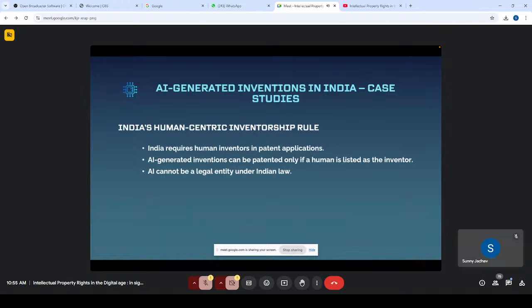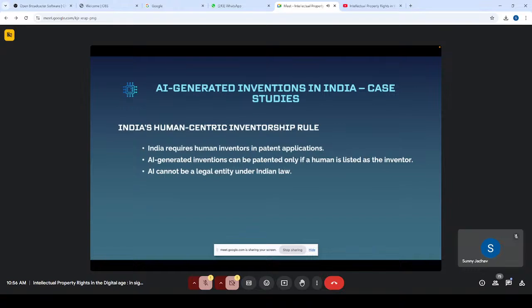Then AI-generated inventions in India, case studies. India has taken a human-centric inventorship approach. India requires human inventors in patent applications. AI-generated inventions can be patented only if a human is listed as the inventor. AI cannot be a legal entity under Indian law. In the DABUS case laws, similar cases were filed in India, but the Patent Office of India took a similar stance: you can file the inventions, but we need to see on paper who is responsible and who is going to be the liable person.